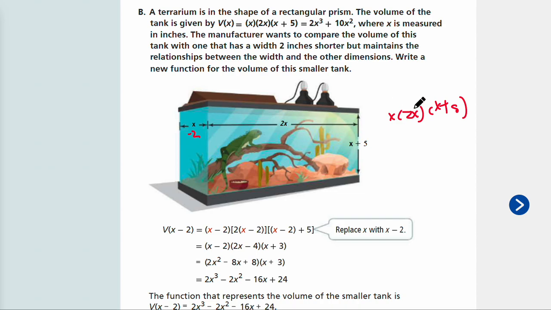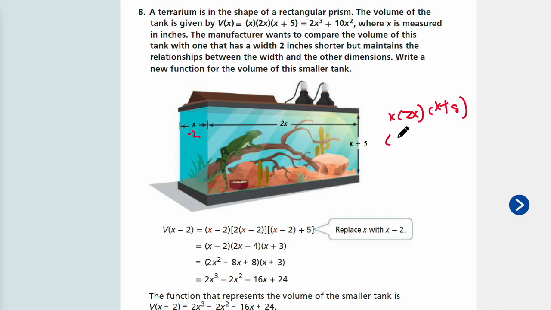Well, in order to maintain the relationship, instead of just subtracting 2 for everything, that doesn't maintain your relationship, right? The original x was doubled for your length, and from your original x, your height is just plus 5. So your original x became 2 inches shorter.